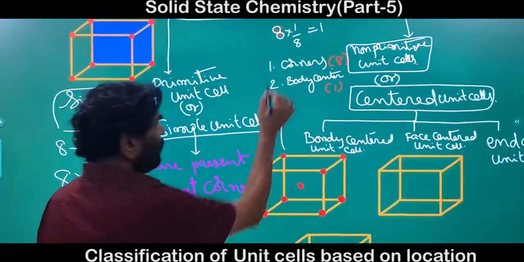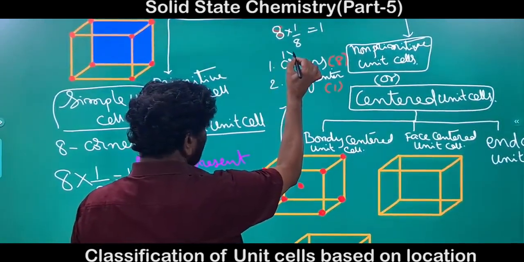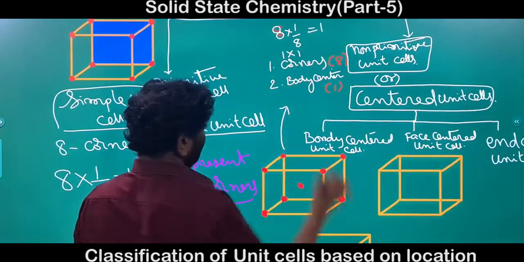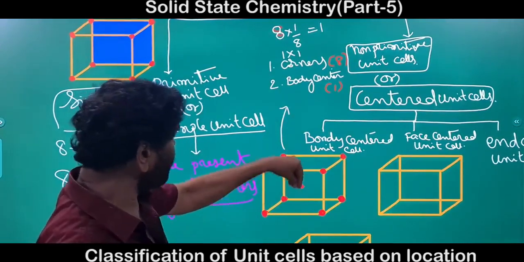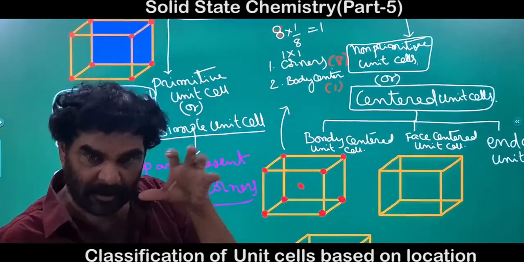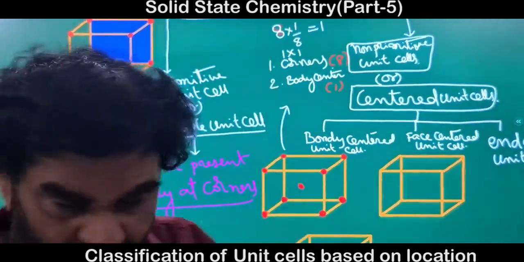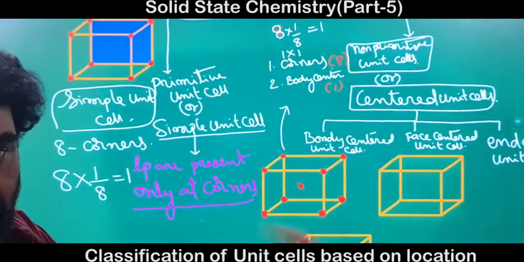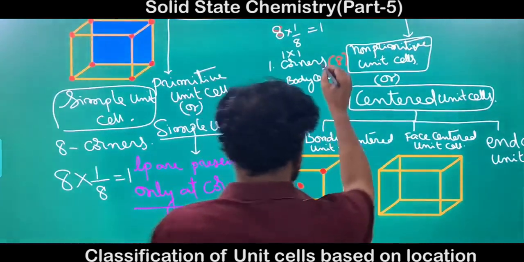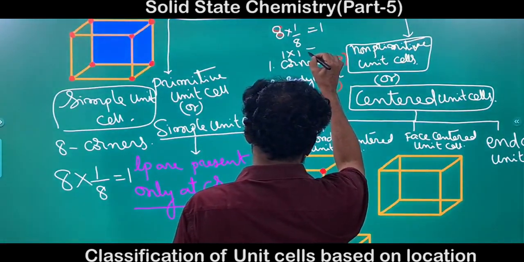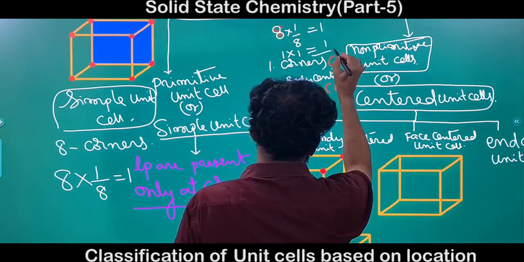The second one is 1 into 1 center. There is 1 at the center, and its contribution is exclusively to the formation of that unit cell. It is not common to any other; it is exclusively within the room. That is 1. The total is 2.